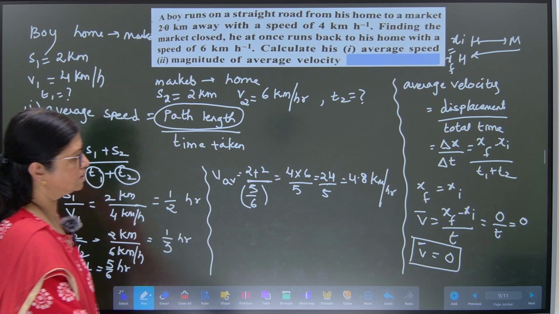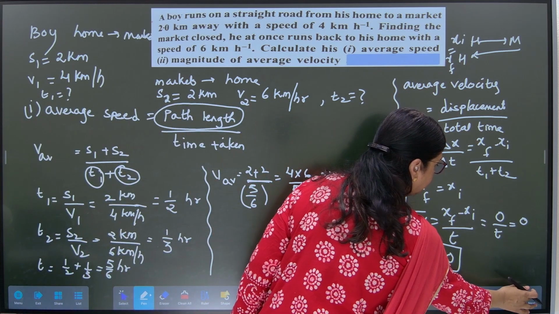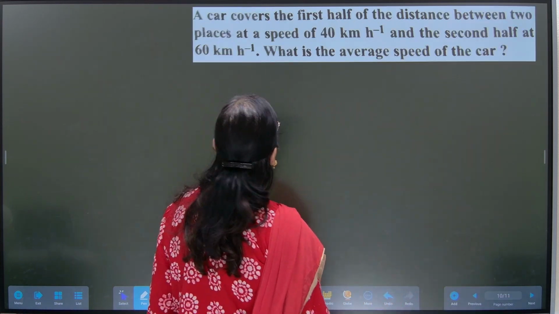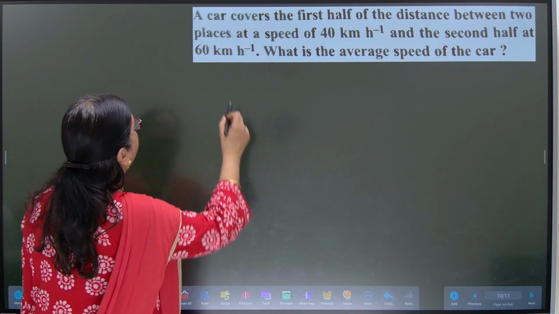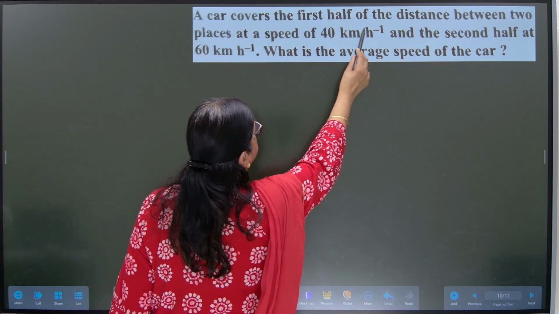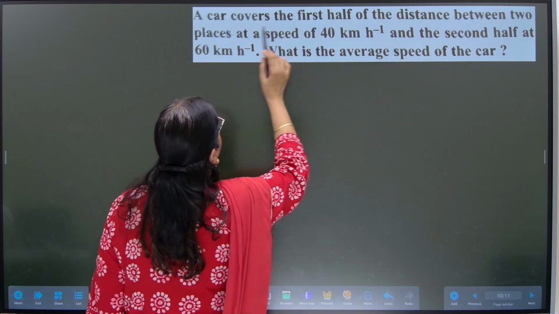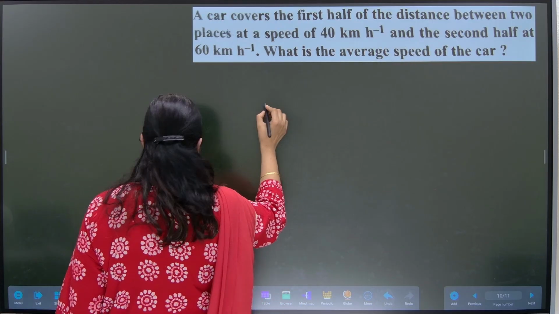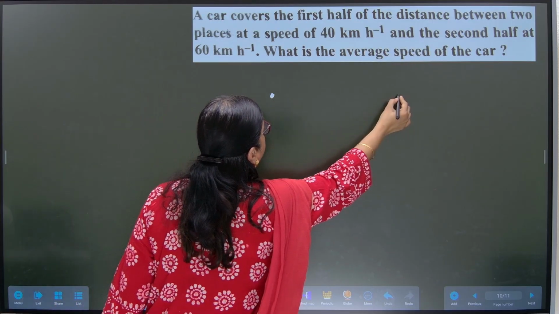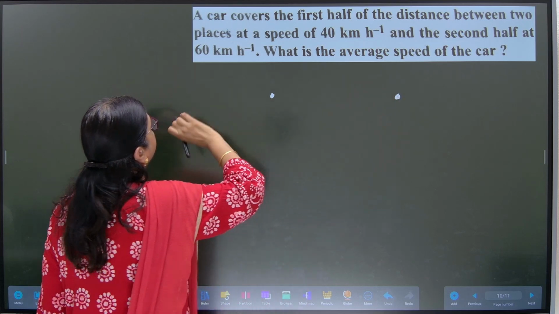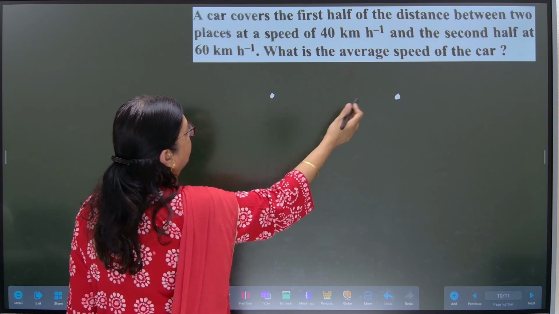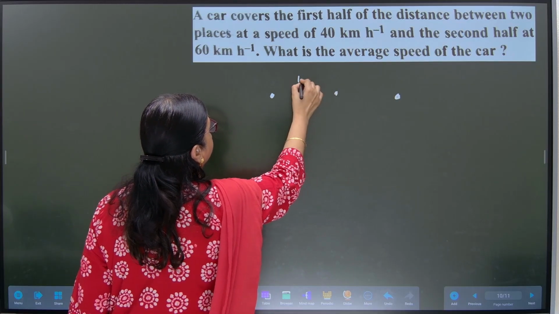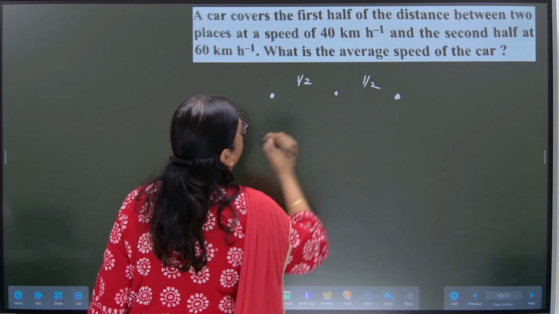Now let us move to the next numerical. Fine. So reading the numerical, we have a car that covers the first half of the distance between two places. So let us show the places as two dots. At a speed of 40 kilometers per hour, and the second half. So this is our first half. This is our second half.